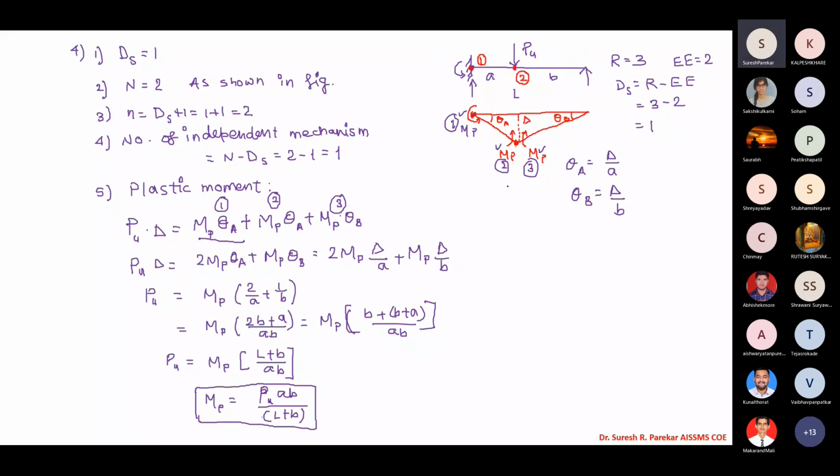This आता कुठे कुठे MP फॉर्म होणार आहे? One at fixed support and another at second cantilever hinge. मग पहिला first diagram we will go with fixed BMD. So this is MP.